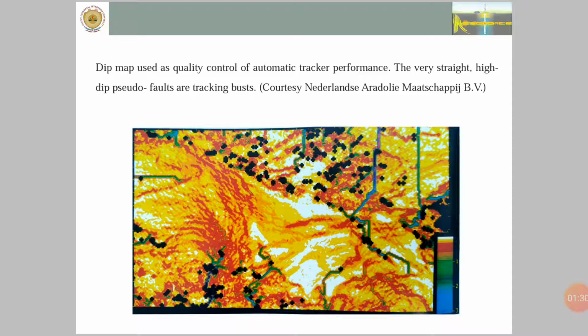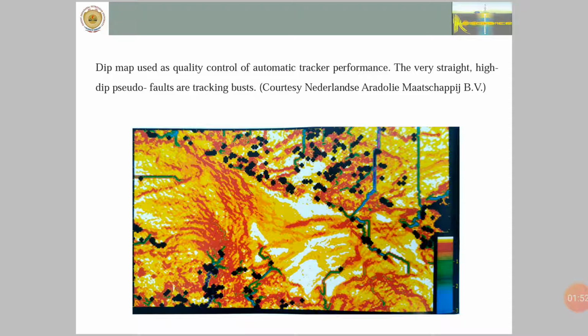Now, the first slide here shows the dip map used as quality control of automatic tracker performance. The very straight high dip pseudo faults are tracking bias. Dip magnitude and azimuth show the deviation of a seismic reflector from a horizontal plane.